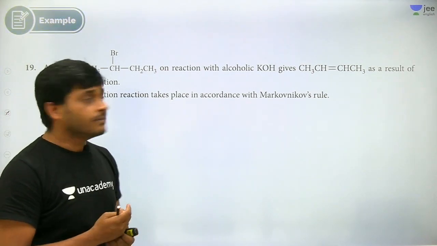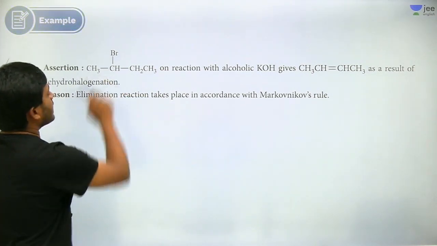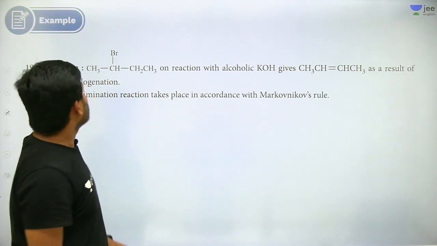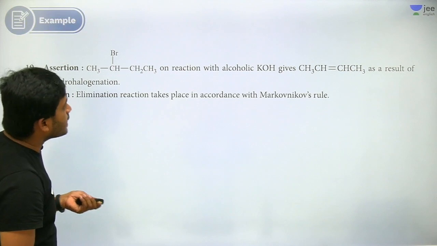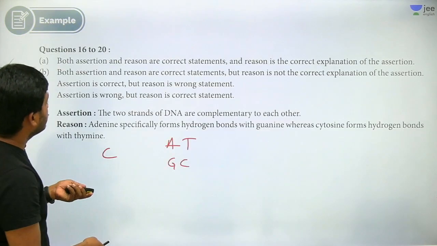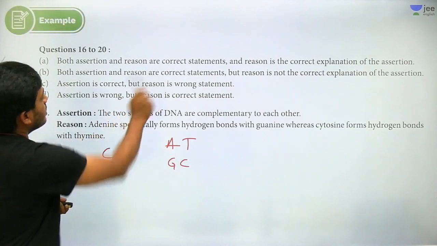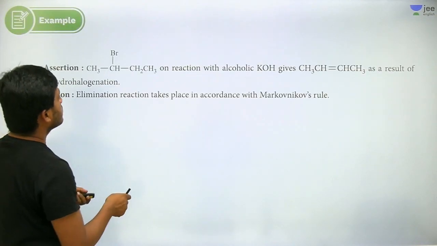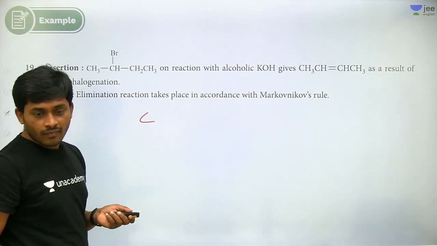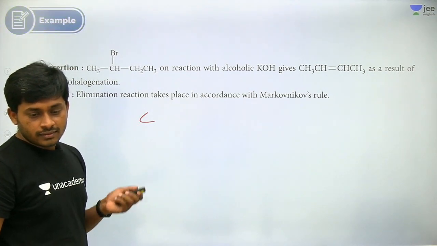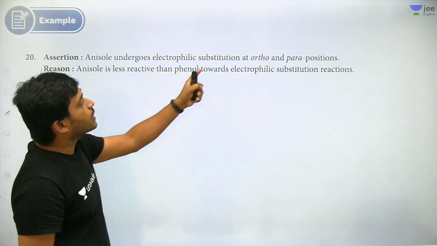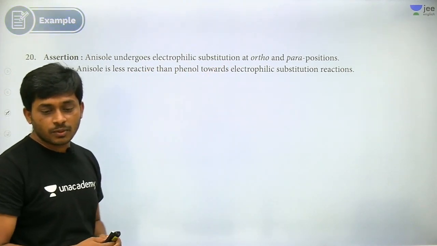There is no relation, right? So assertion is correct, but reason is wrong. So what is the correct option here? Assertion is correct. Reason is wrong statement. Correct? It is C. Yes. Next, this question.